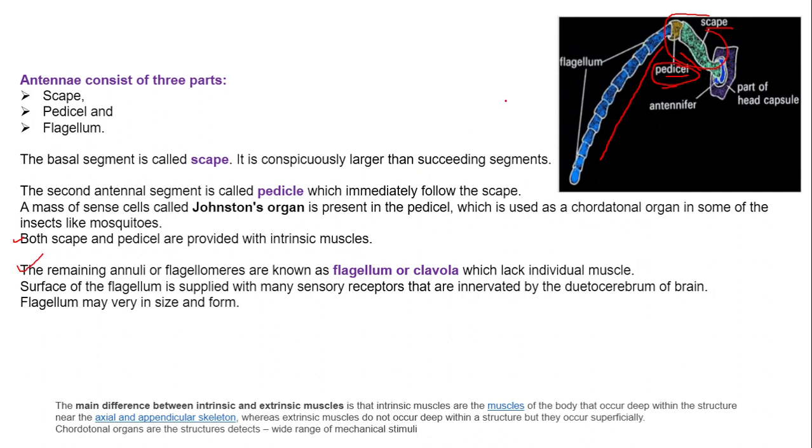The remaining antennal segments are combinedly known as flagellum or clavola, which lacks individual muscles. The surface of the flagellum is provided with many sensory receptors that are innervated by the deutocerebrum of the brain. Flagellum may vary in size and form in different insects.